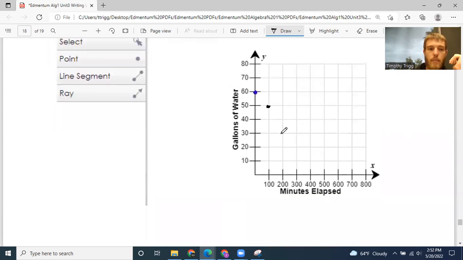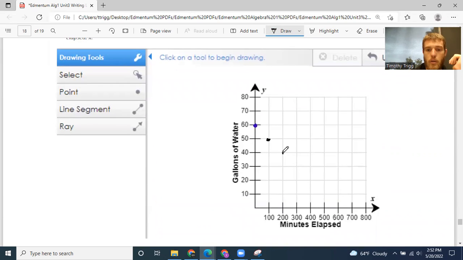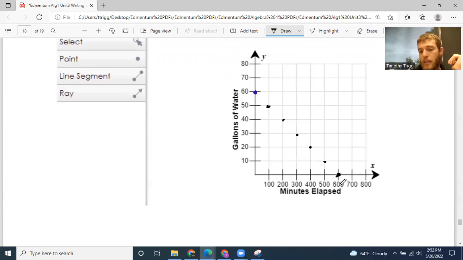In this case, you can't go below a certain amount. So this goes like this. Once you've gotten to this point, you can't go below 0 gallons, so it doesn't go on to the negatives. So instead of using the ray, go ahead and use the line segment tool.